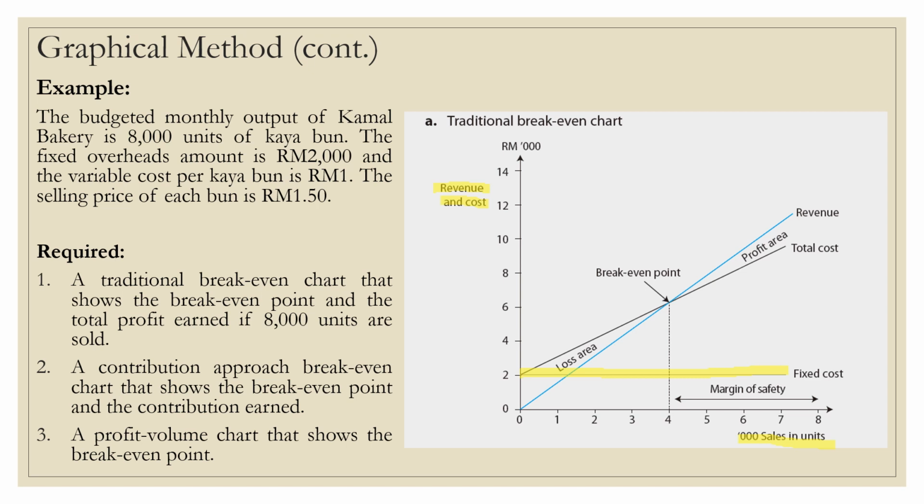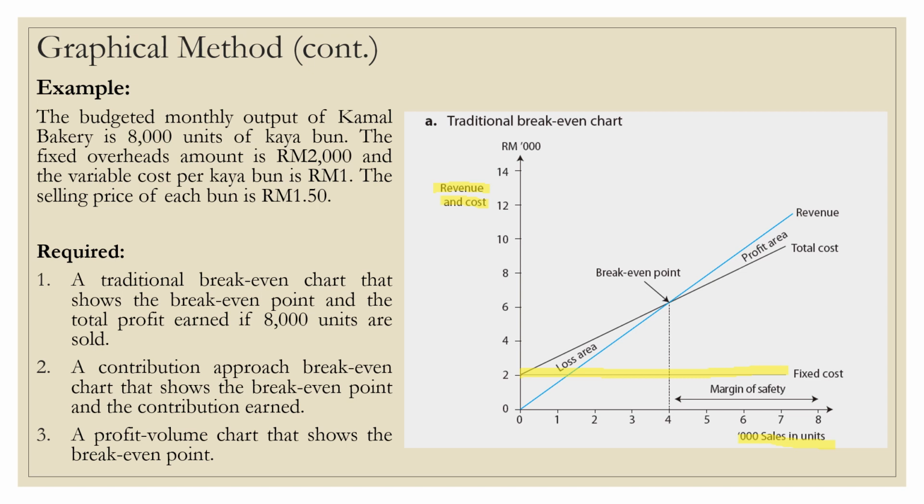Then the variable cost is added to the fixed cost to give the total cost. So this is the variable cost, and then you get this total cost.